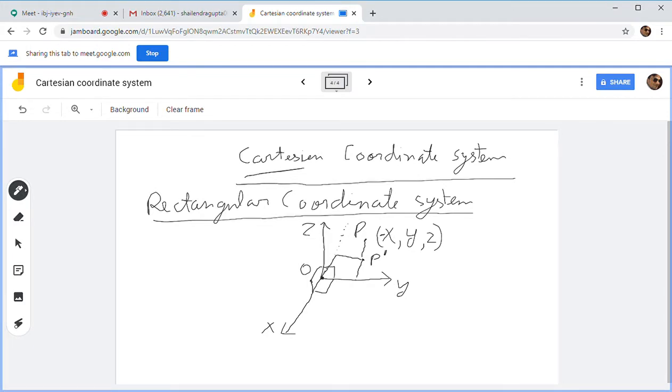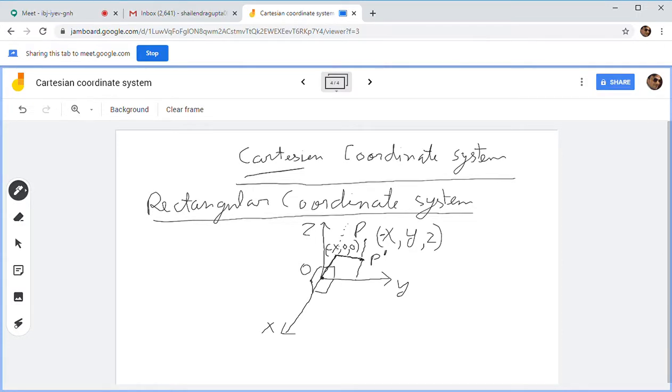P is above your yx plane. First you will reach this point, minus x comma 0 comma 0, and then you will move in y direction.